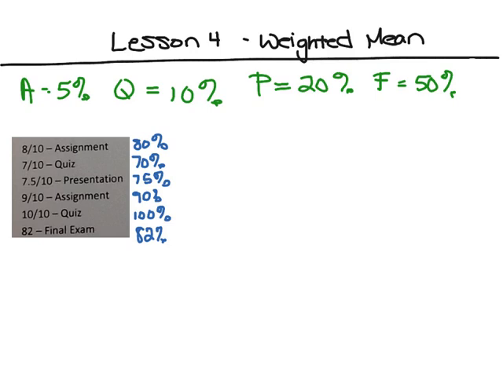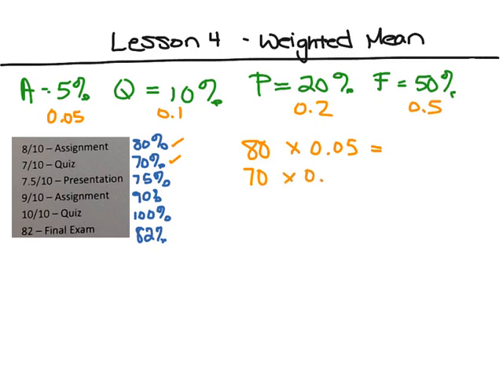For this first assignment, we have 80 times, and we're going to change these all to decimals. So 0.05, 0.1, 0.2, and 0.5. So we have 0.05. For the second assignment, we have a quiz, so we have 70 times 0.1.